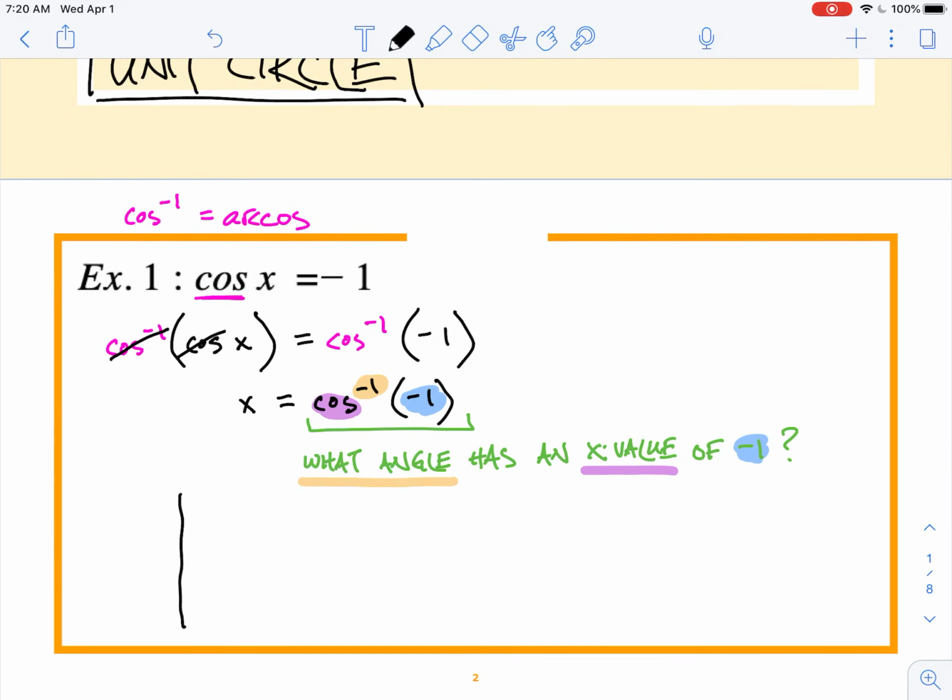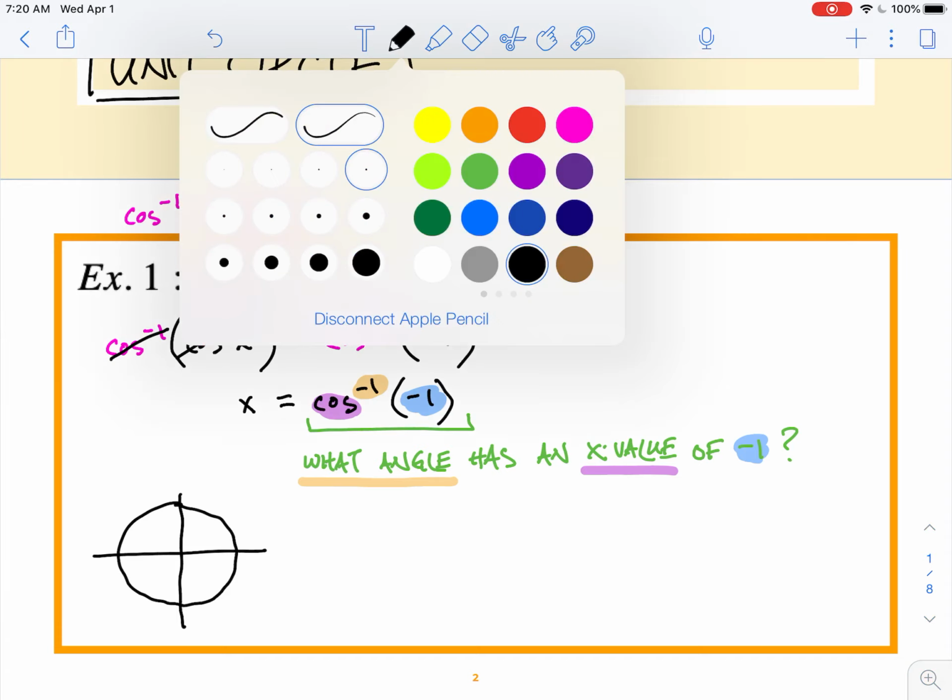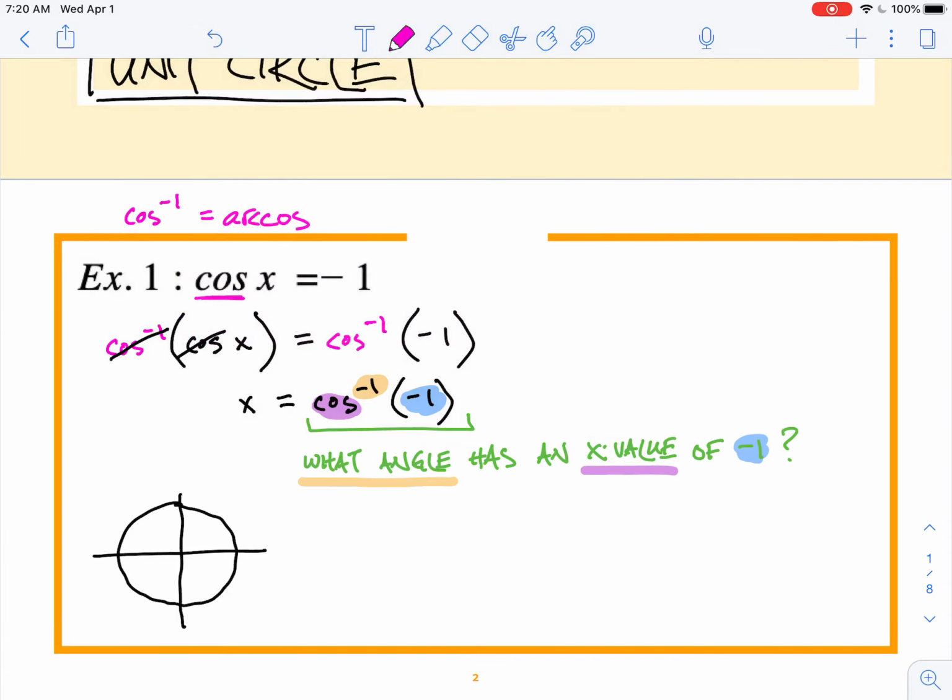And so if we take a look at our unit circle, and I'll sketch a quick picture right here, we want to think about the angle that has an x value of -1. That's going to be this point right here.